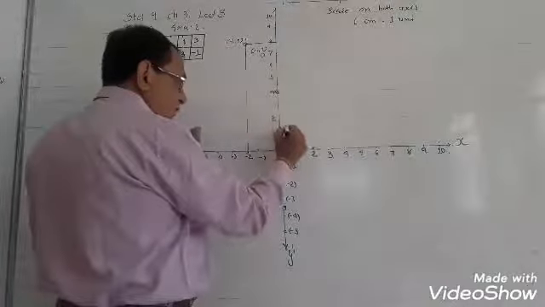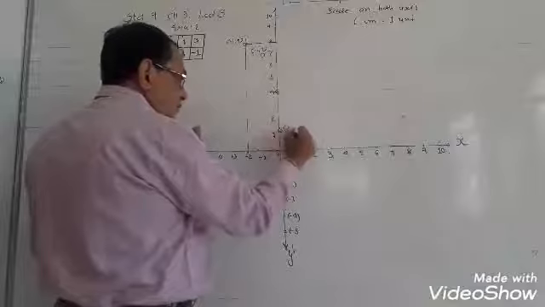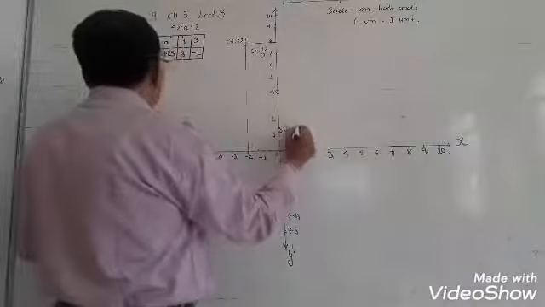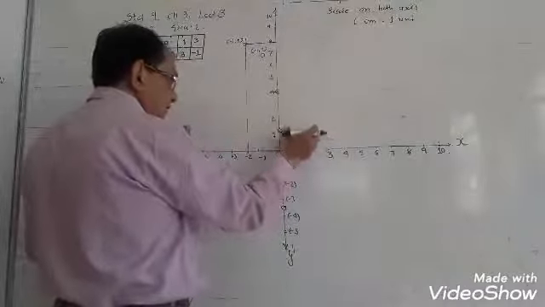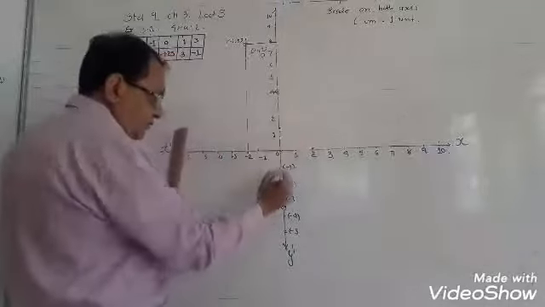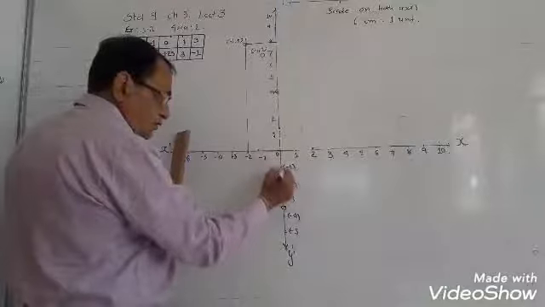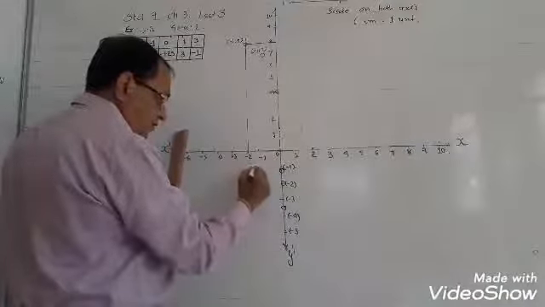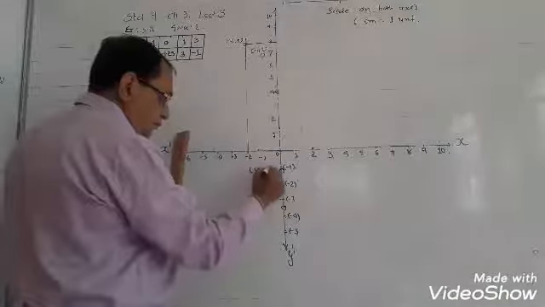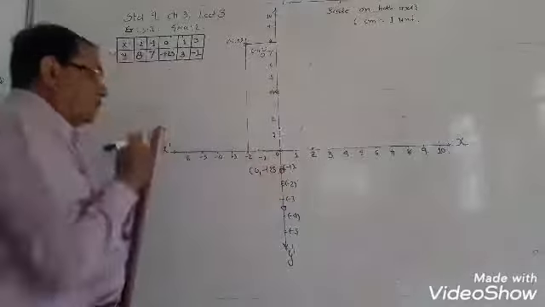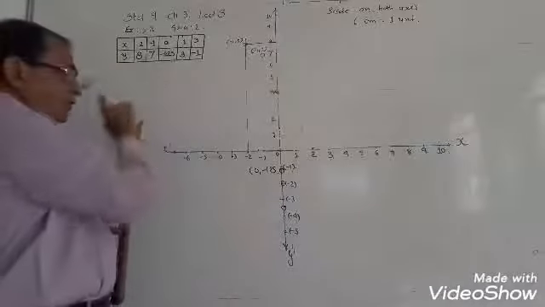So that is your 0 and -1.25. Below this one, you will get this point between 1.1 and 1.2. Okay, this point. Third point.